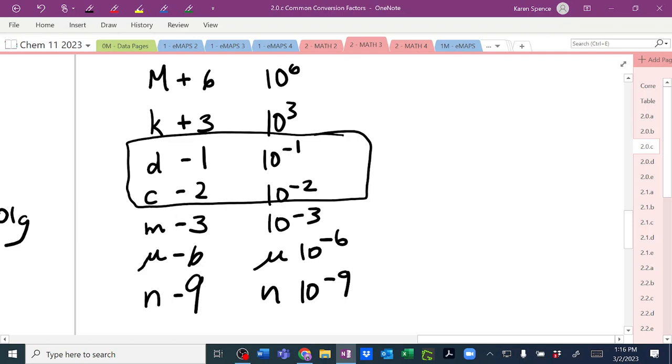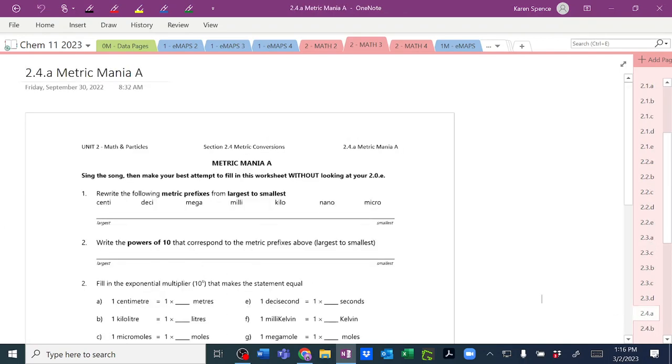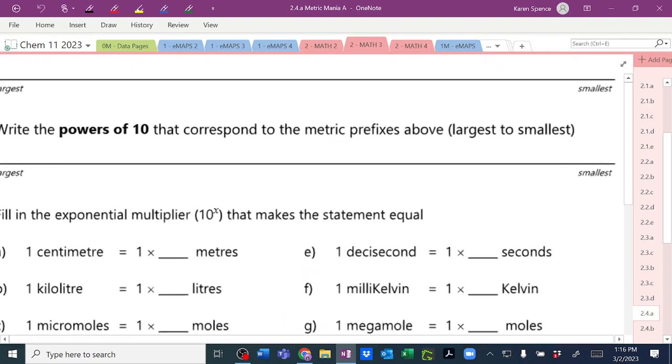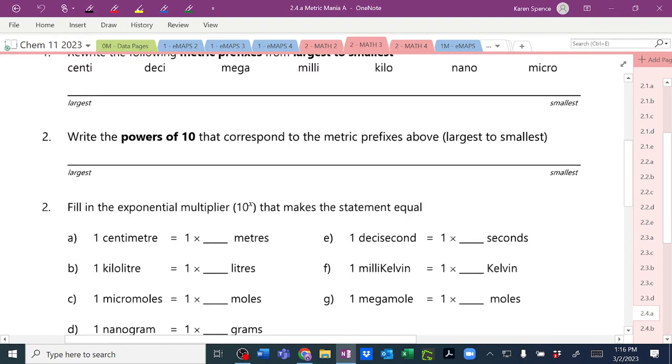Okay? We are now going to go to page 69, 2.4a. And we're going to take a look at the second question too, because apparently I can't count.